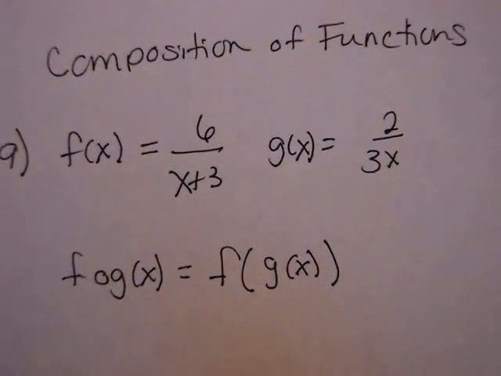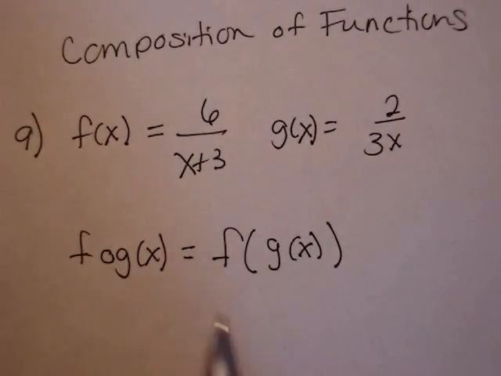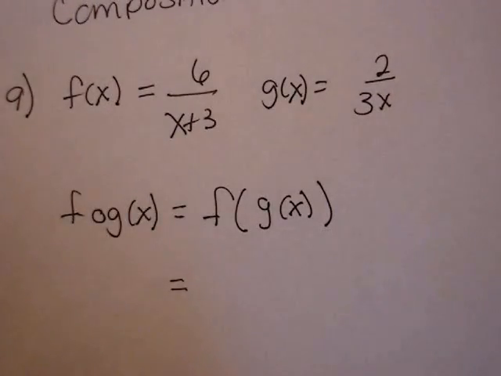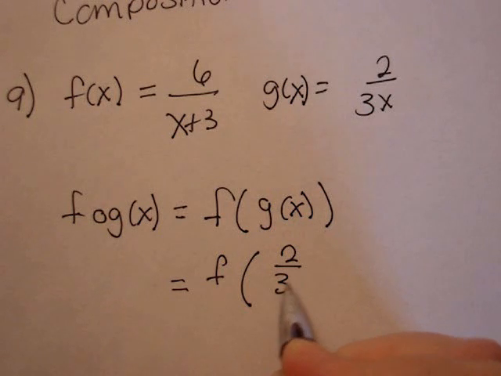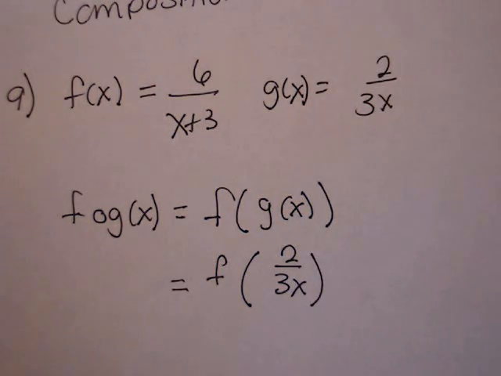Now remember, the way I have taught you to do it is to start on the inside and work your way out. So this is saying take f of g. What is g? Well, we substitute g's function, which is 2 over 3x. Now we're going to use that fill-in-the-blank idea of functions. So let's look at our function f.